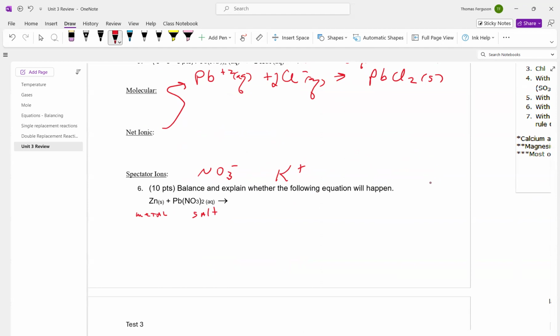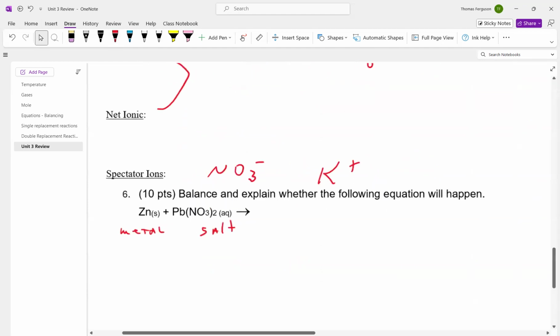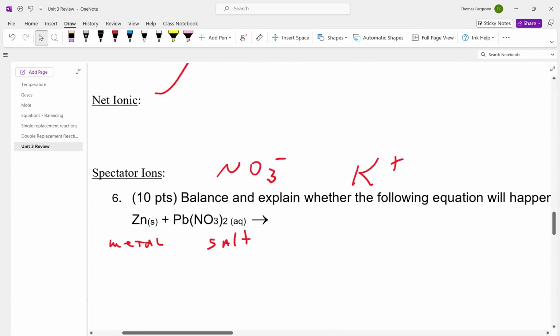So in other words, the zinc and the lead here swap places. Salt below goes. That expression will tell you whether this reaction is going to react or not.